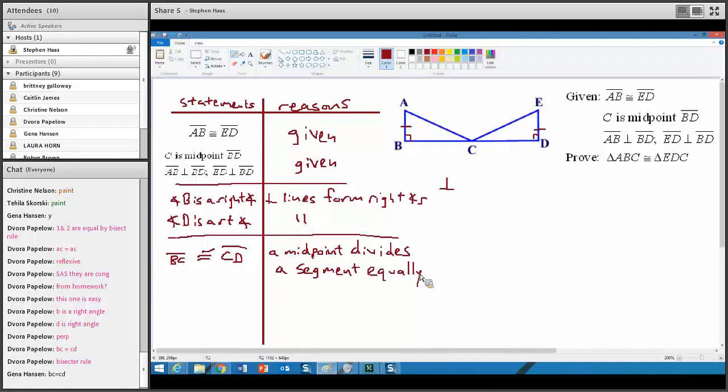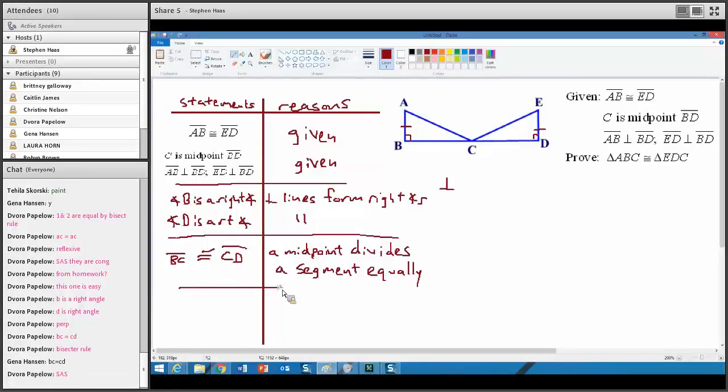Okay, are we ready yet to prove it? Not quite. So we've got, let's say, this side to this side. Well, we don't quite have SAS yet. We've got one more small little link left. We know that B and D are both right angles. Does that mean they're equal to each other? The answer, yes, it does mean that, but we have to say that.